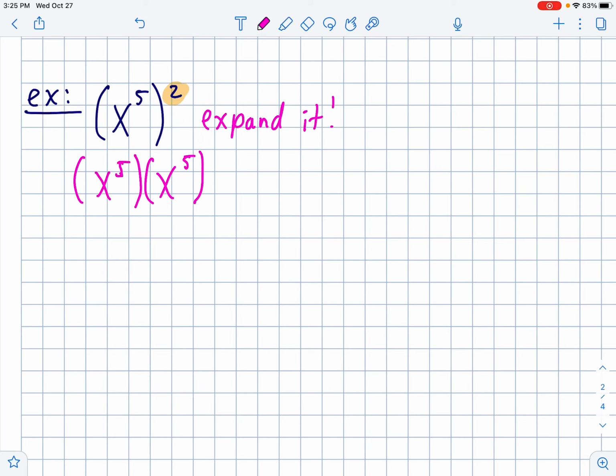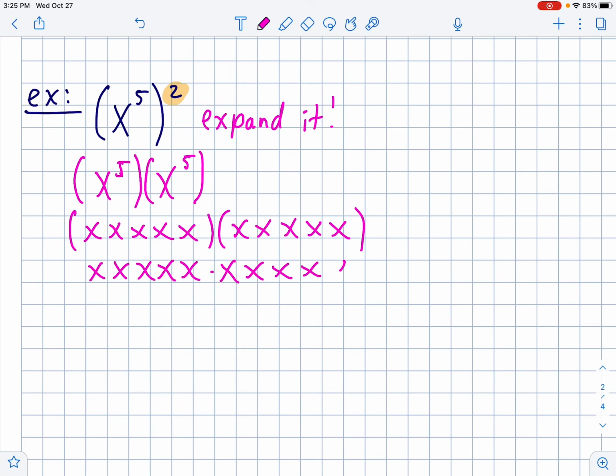Then you can expand again and say this is 1, 2, 3, 4, 5 times 1, 2, 3, 4, 5. But then those parentheses aren't really doing anything, so you can go 1, 2, 3, 4, 5 times 1, 2, 3, 4, 5. So this is a grand total of 10 x's. So this is x to the 10th.